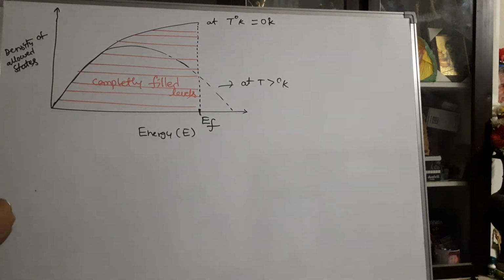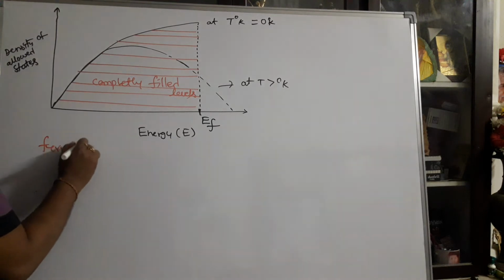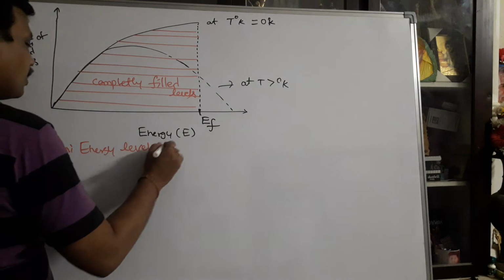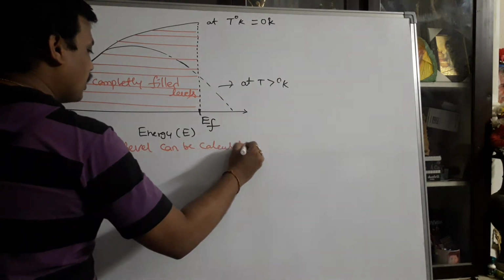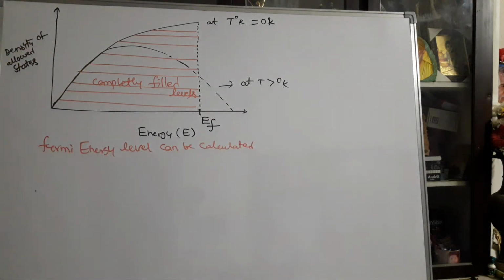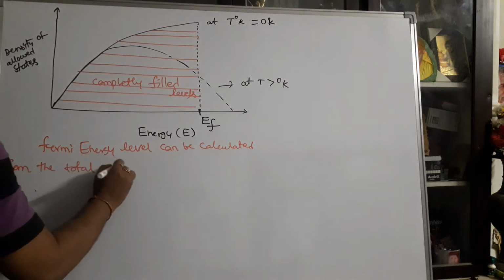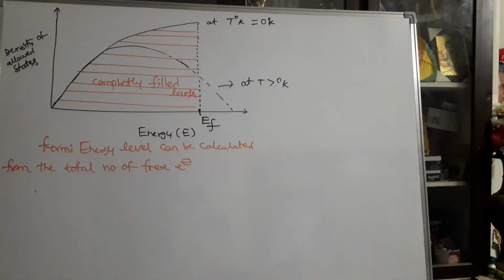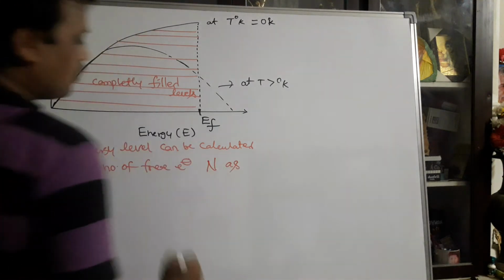This Fermi energy level can be calculated from the total number of free electrons. Total number of free electrons, capital N, can be taken as the total number of electrons.